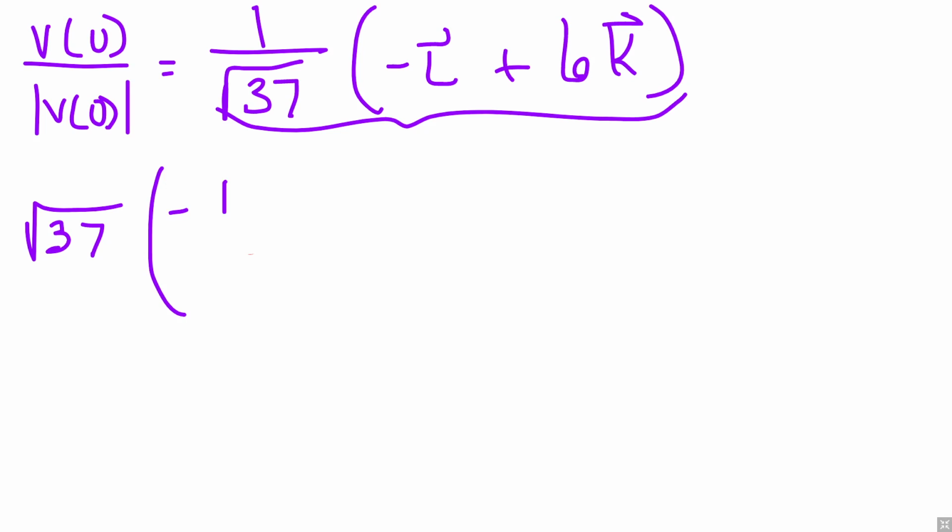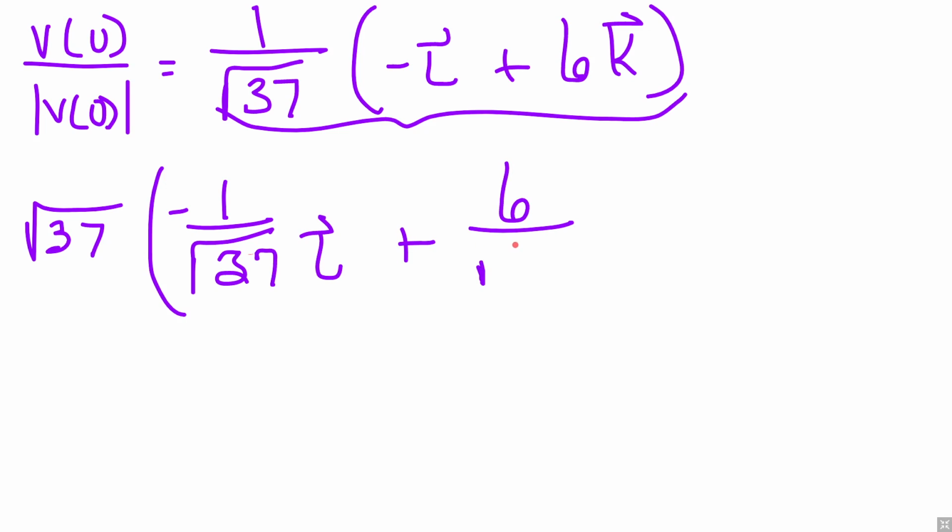So we're going to have -1 over the square root of 37 in the i direction, plus 6 over the square root of 37 in the k direction, not j. Any questions?